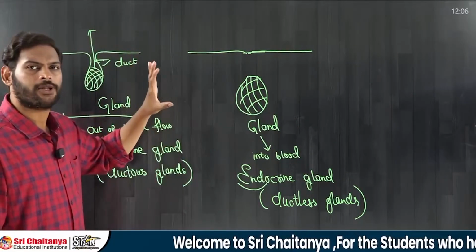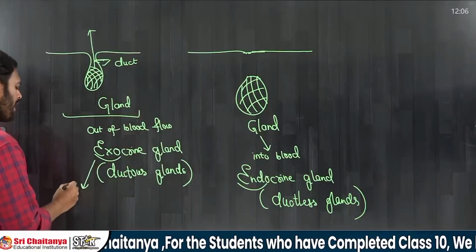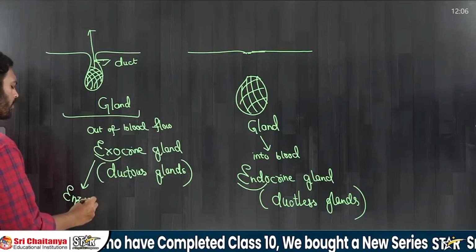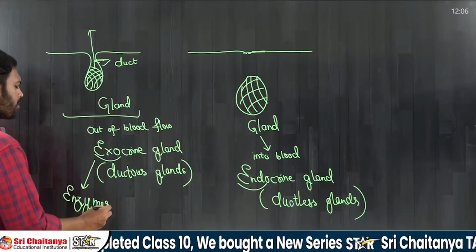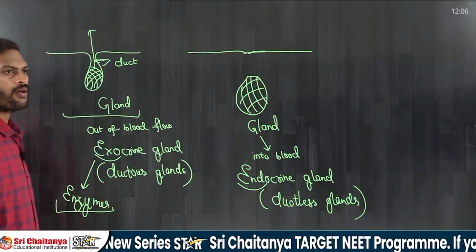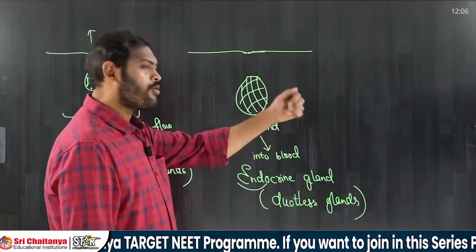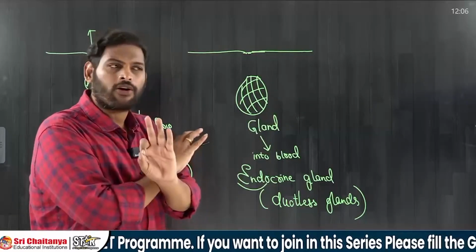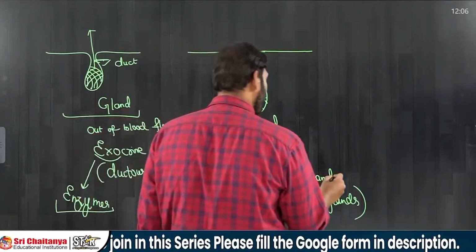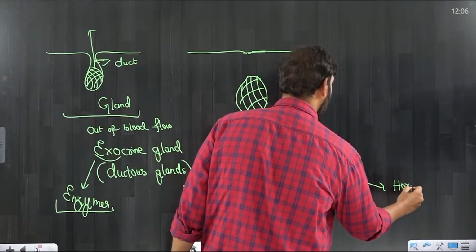Most of the secretions of exocrine glands usually consist of enzymes. Secretions from exocrine glands may possess enzymes, very common. Whereas the fluid coming out of endocrine glands will not have any enzymes. Secretions of endocrine glands will possess hormones.